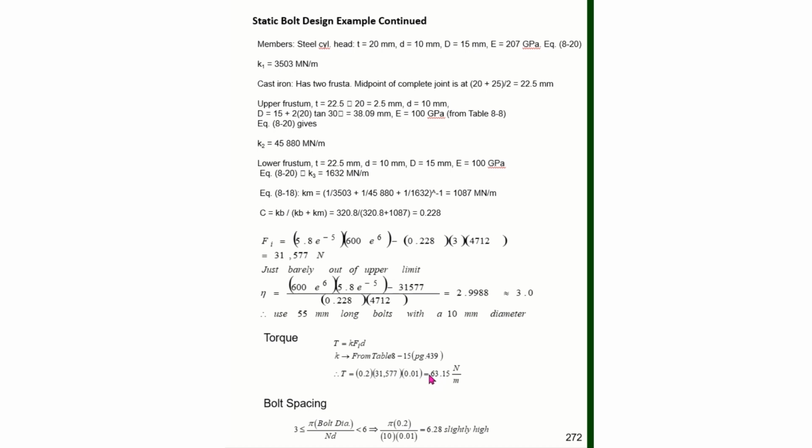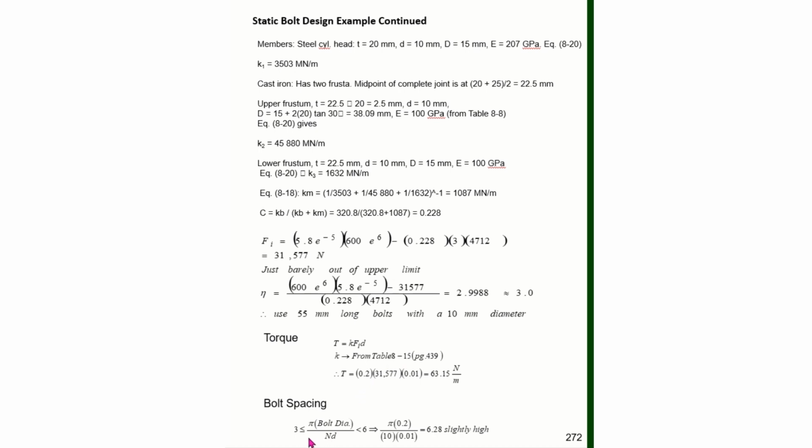And we can get that to be 63.15 newton meters. So this expression, torque equals K F_I D, is an important equation. Note that this K is a different K than the K's up here for the member and bolt stiffness. And we can look that value up from table A15.